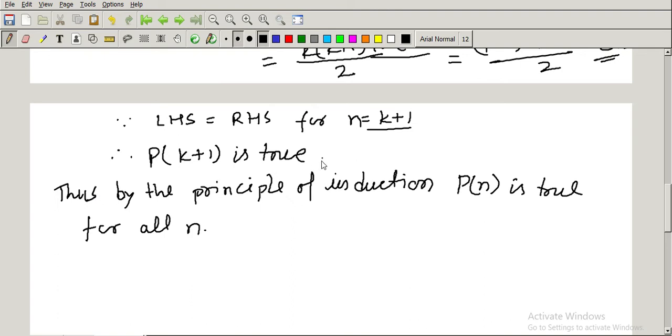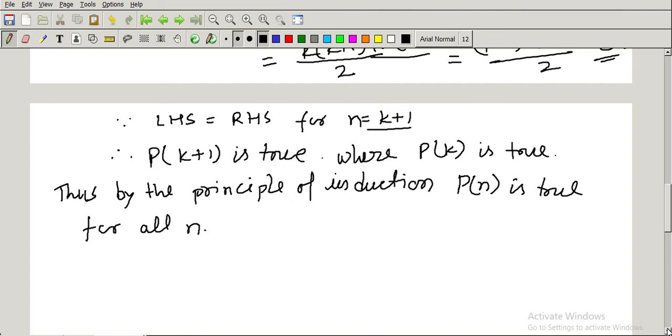So यहाँ हम लिख सकते हैं P(k plus 1) is true where P(k) is true. ठीक है, क्योंकि हम उसको अज्यूम करके चलते हैं P(k) is true. तो इस तरह से you can prove it by induction, right.